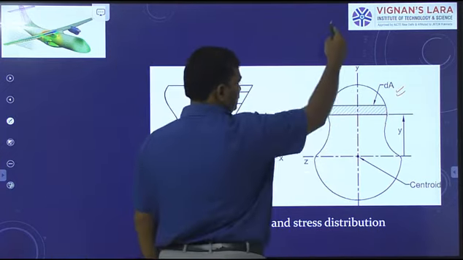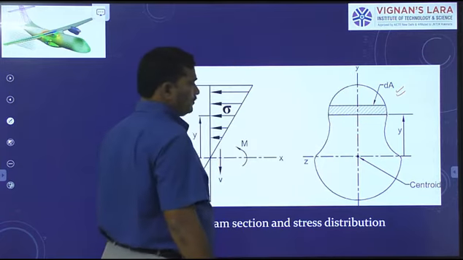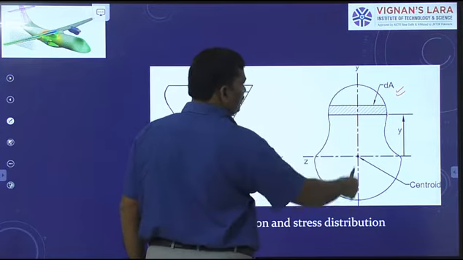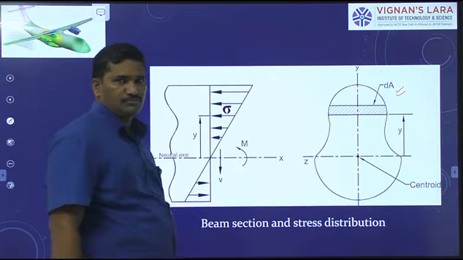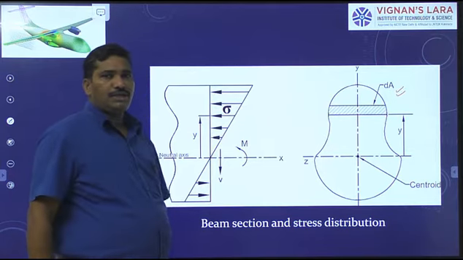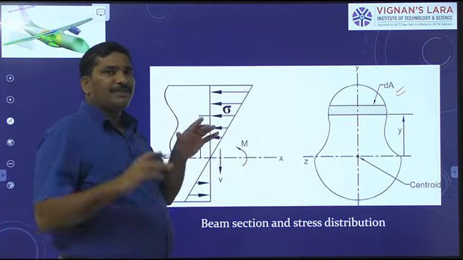This is the y-axis. If you observe, this section is symmetrical about this y-axis. As I said, in this particular chapter we consider beams with symmetrical sections.